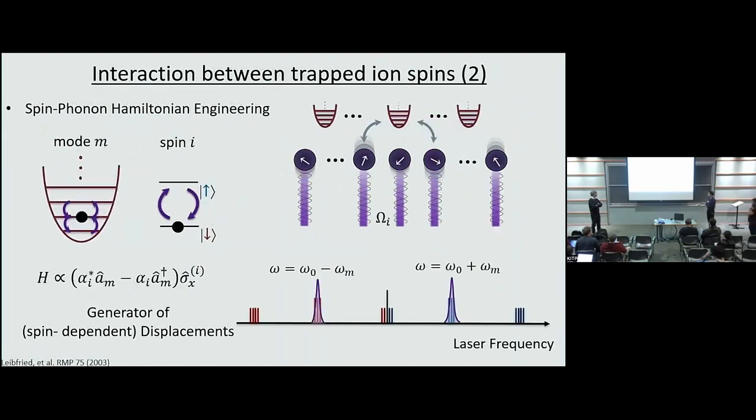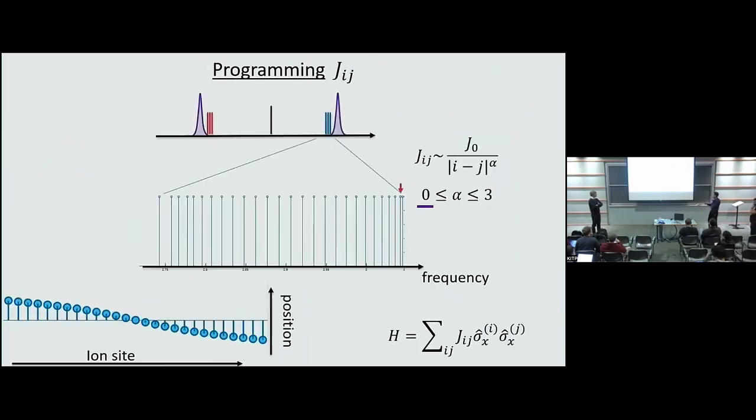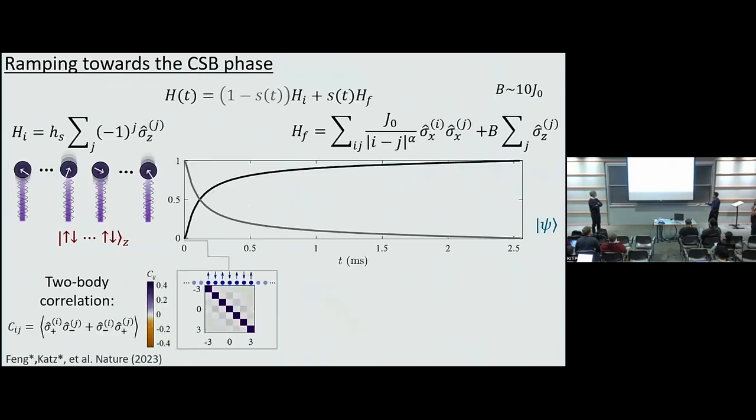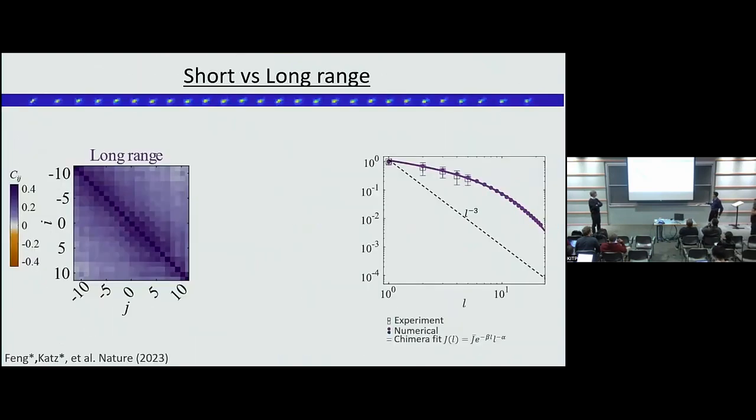So yeah, let me go to this slide. A lot of slides to go through. Nearly there. If we look at the interaction that we have for our 27 ion chain, you see that this is on a log scale, and it is not linear. So it's not exactly a power law. We fit it to a power law times some exponential decay.